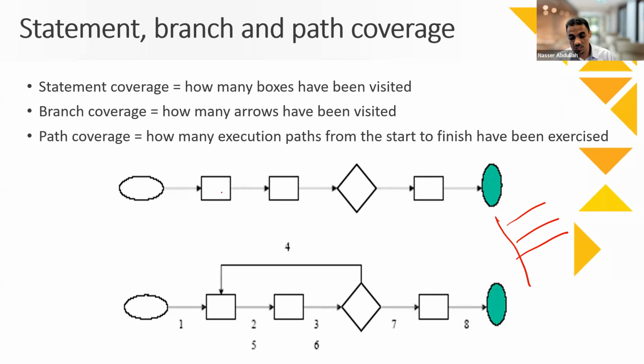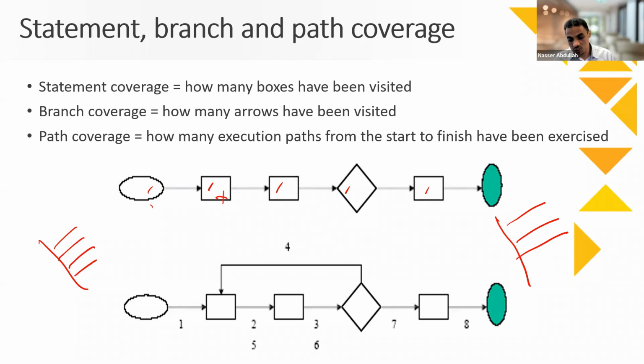Now each box can be considered a statement. If you have test cases that execute each box, that means the coverage is 100%. This is for statement. It's the lines, how many lines you have in your code.